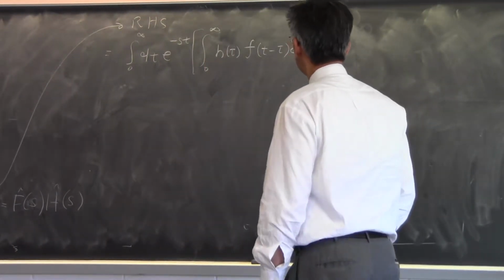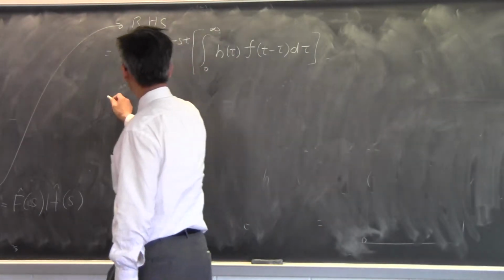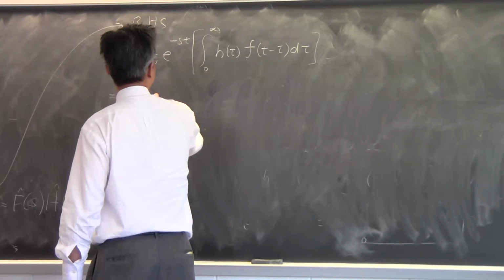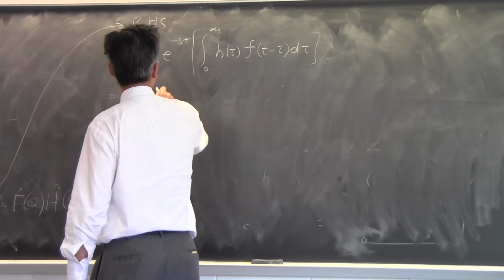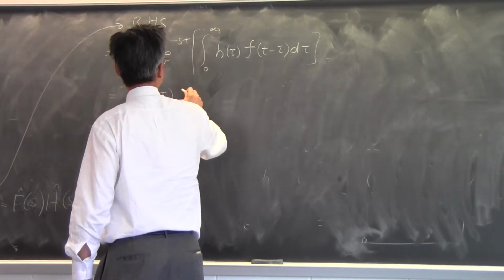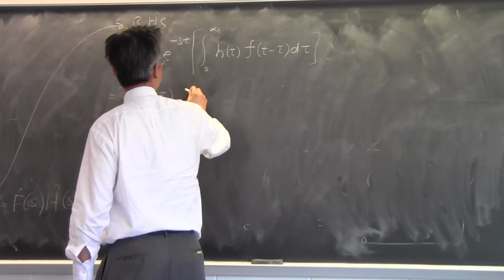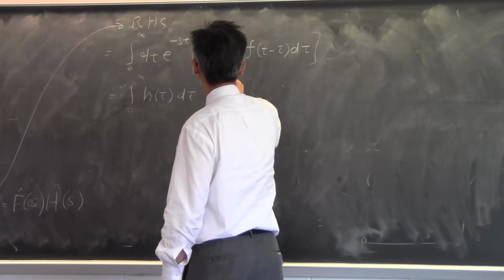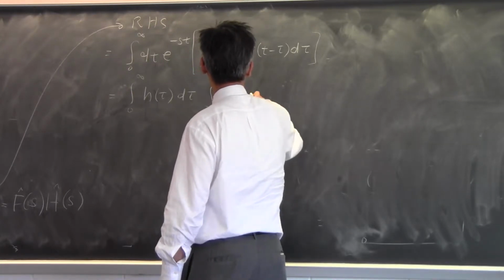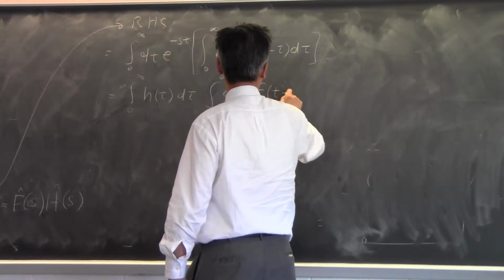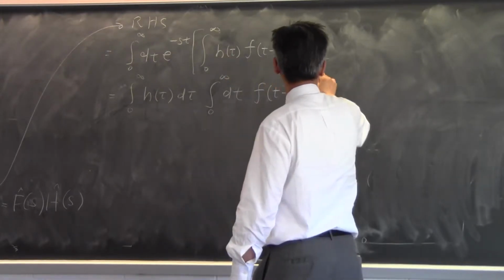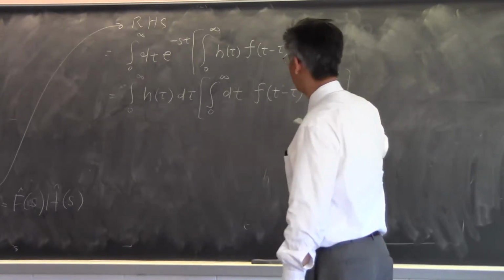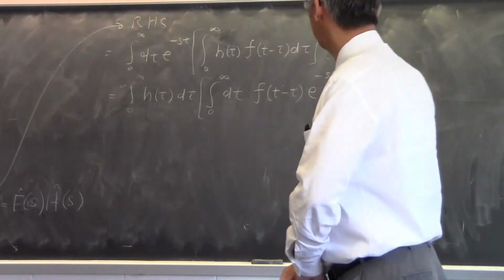Okay, and then I can exchange the order of integration and write this as h of tau, and then put the d tau integration outside, and then put the dt integration inside, f of t minus tau e to the minus st. Okay, I've just exchanged the order of integration in the two integrals.